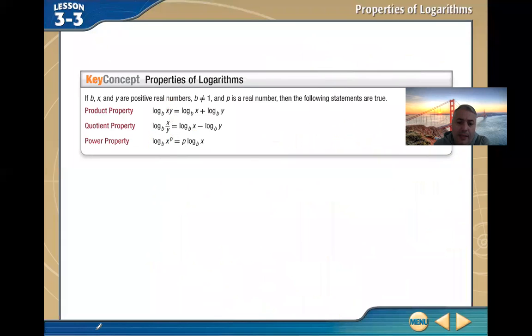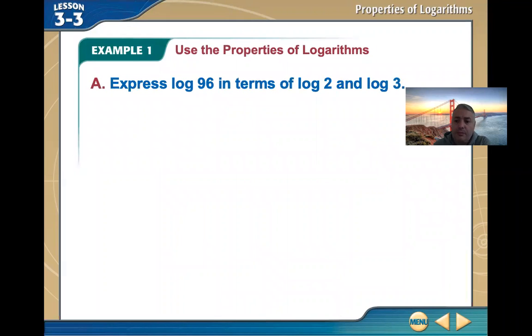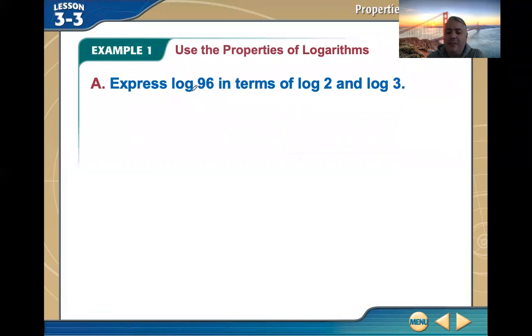Now let's make practice. Now, this is a famous question type. Express logarithm of 96 in terms of logarithm of 2 and 3. How could we? So logarithm of 96 is equal to, now, can you tell me that 96 equals 2 times 3, 4 times 9, something like that.